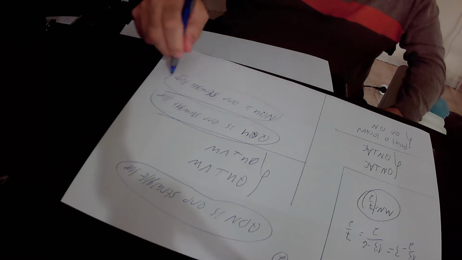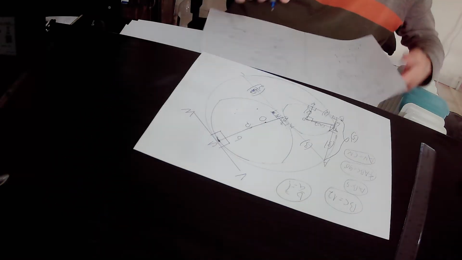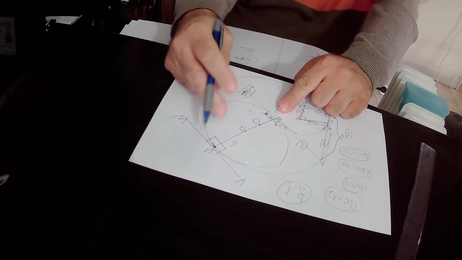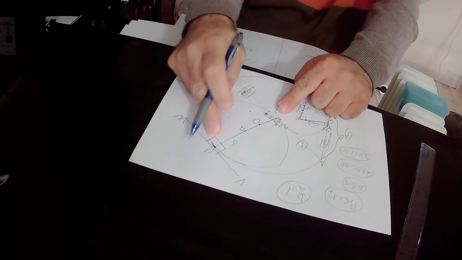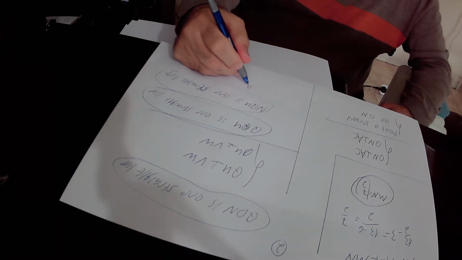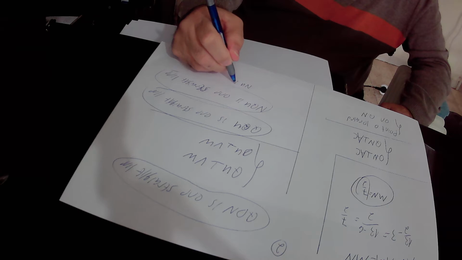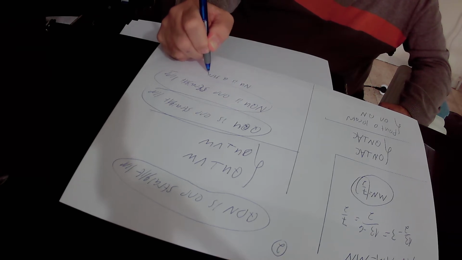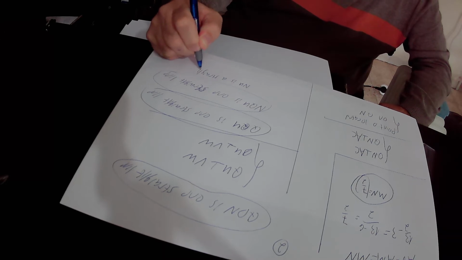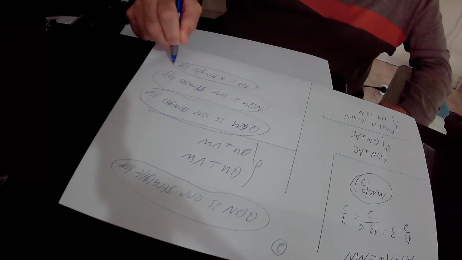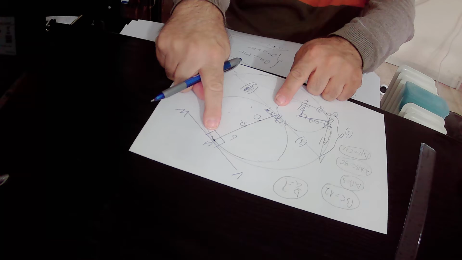So if NQU is one straight line, it means that NU is also a straight line.